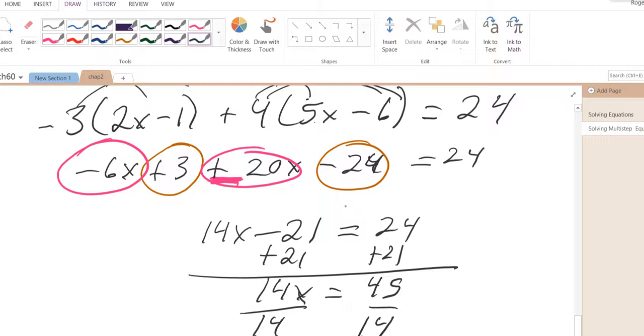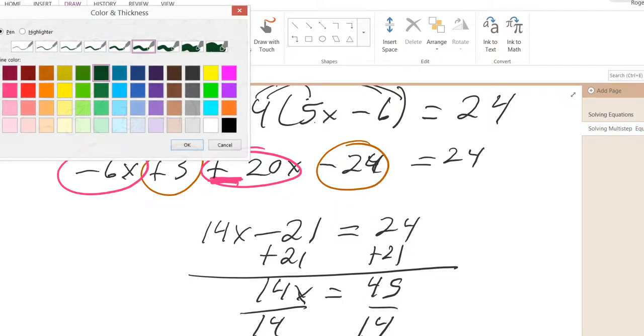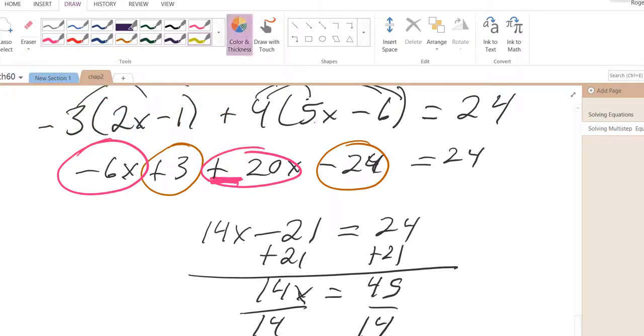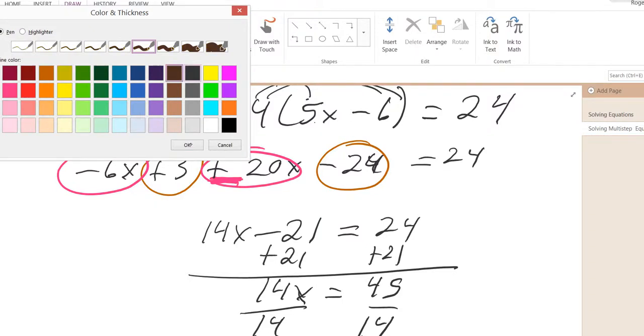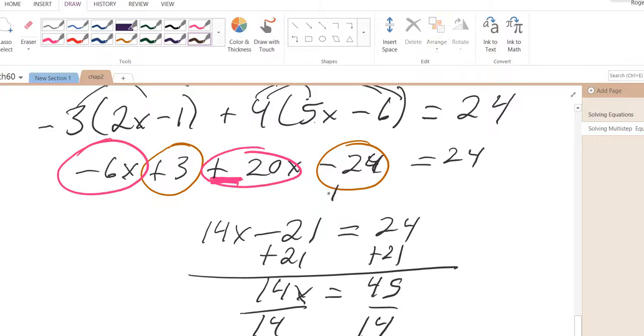It is amazing how many people will make this little mistake here. Let me get to a different color. I'll use this brown. What they would do is add 24 here and add 24 here. Because they're so used to doing the opposite, they think that's what they should do, but we don't want to do that.